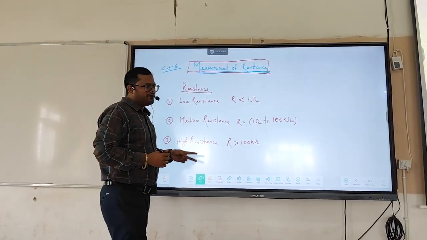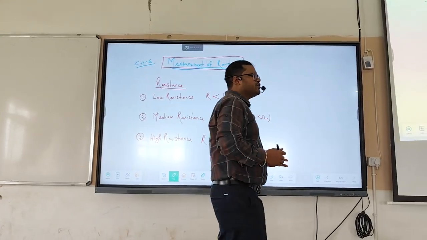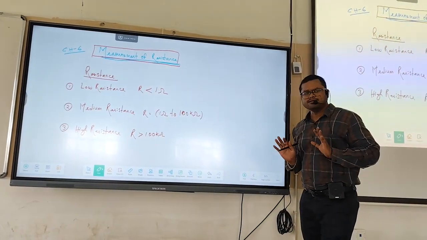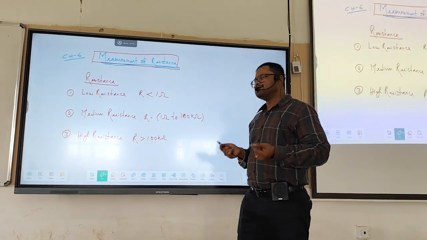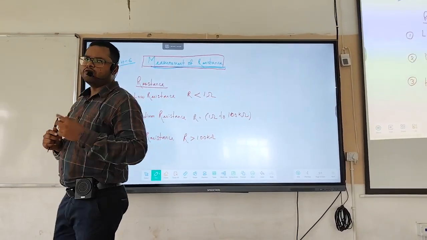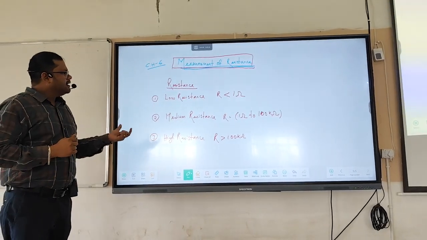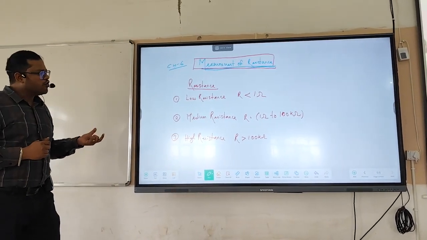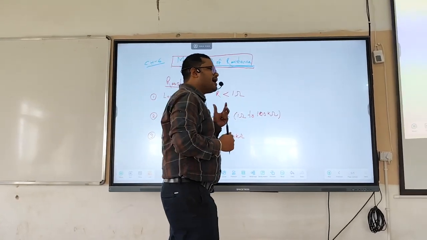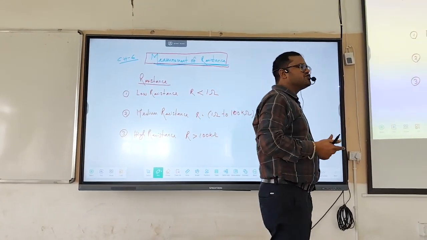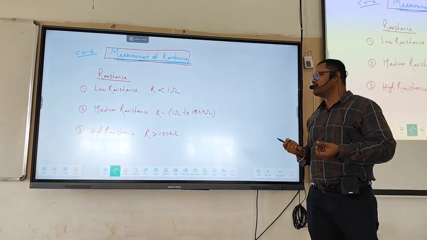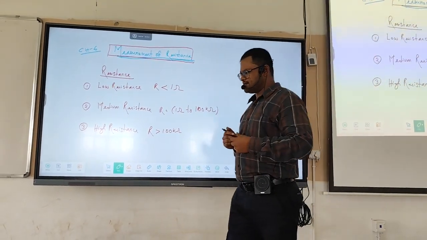So basically, we can divide resistance into 3 types. First is low resistance, which is less than 1 ohm. Number 2, medium resistance, between 1 ohm and 100 kilo ohm. And the third is high resistance, more than 100 kilo ohm.